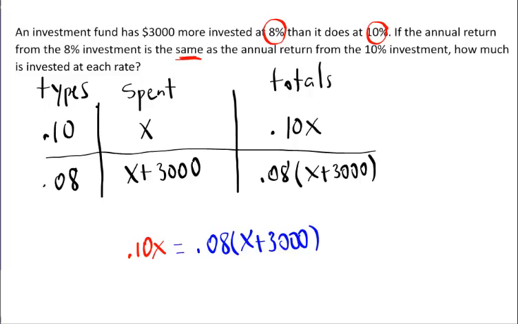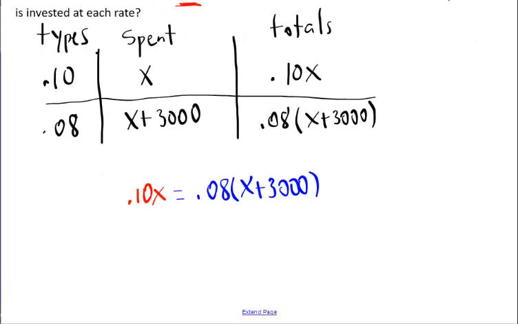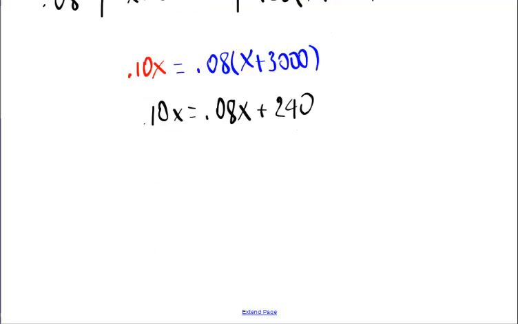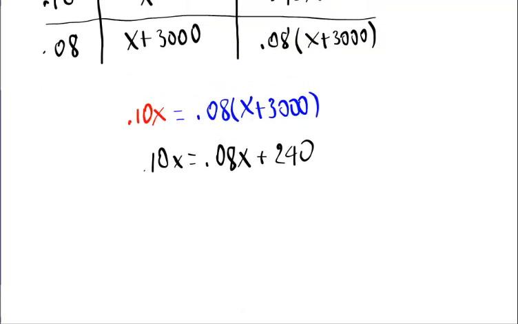So when we work this out, what we're going to end up with is 0.10x equals 0.08x plus 240. And nothing changes. Your math stays the same no matter what. And the whole goal here, even though we have decimals, is to get all the x's together on one side. So subtract the 0.08x from both sides.